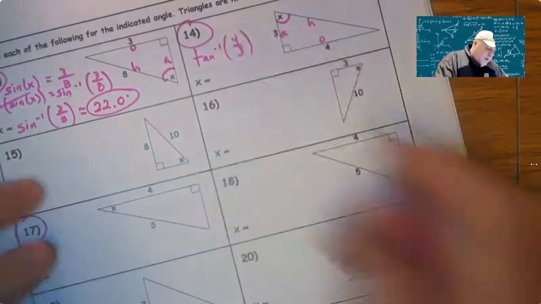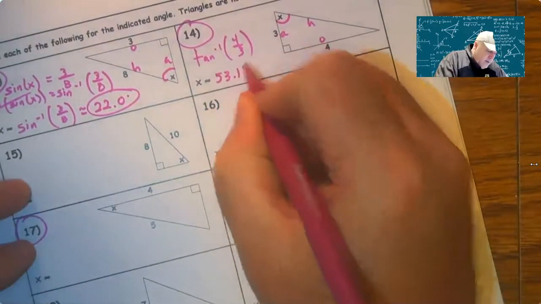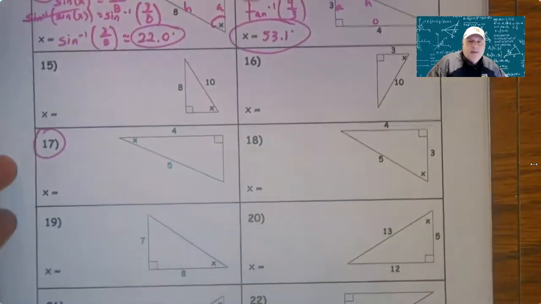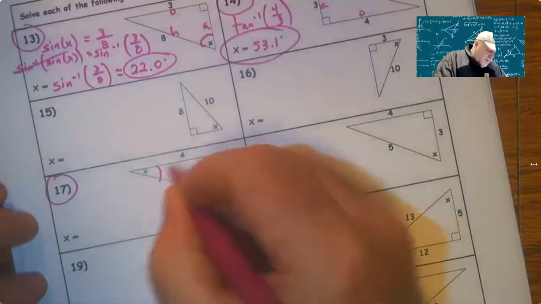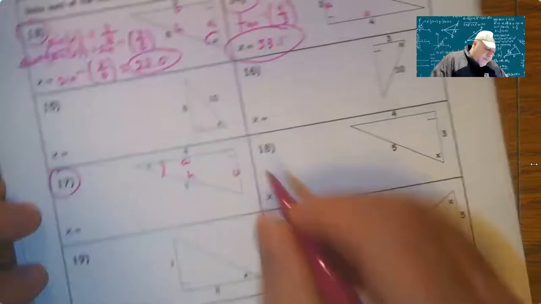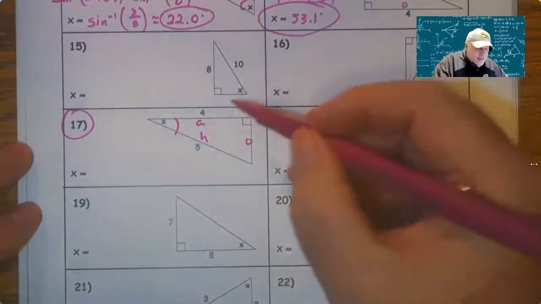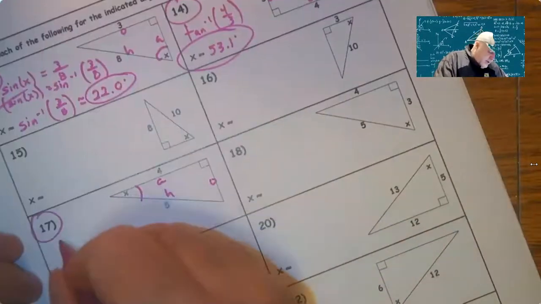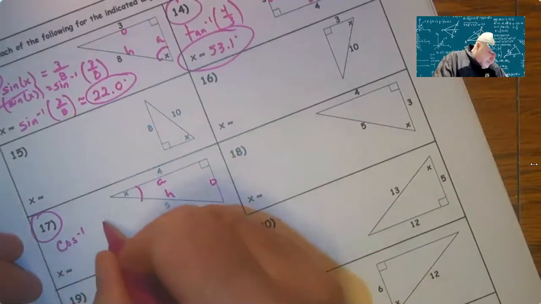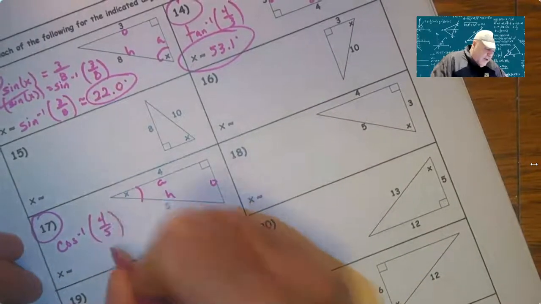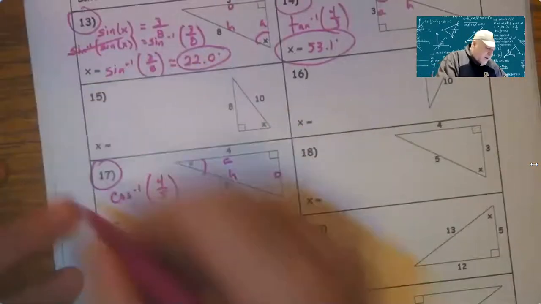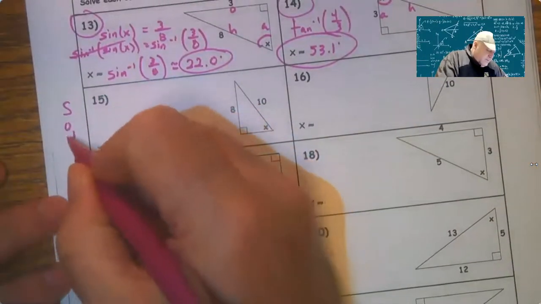So 53.1 degrees. Once you get these, they're very simple. Adjacent, hypotenuse, opposite. So this is a cosine because of the A and the H. So cosine inverse of 4 divided by 5, A divided by H, because you follow the acronym.